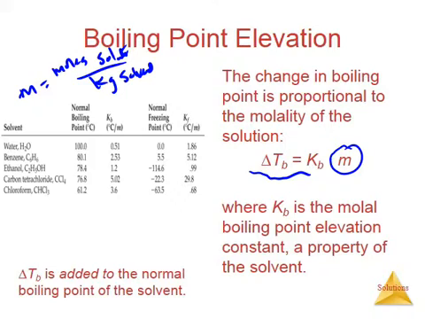So basically, it also deals with moles or number. As number is increased, boiling point elevation is also going to be greater. Kb is called the molal boiling point elevation constant, and that would be given to you in order to solve a problem.